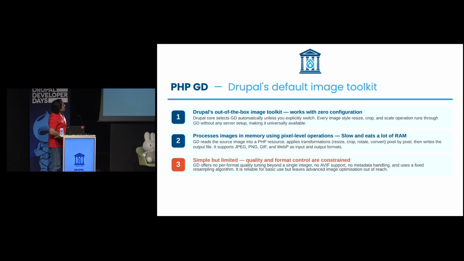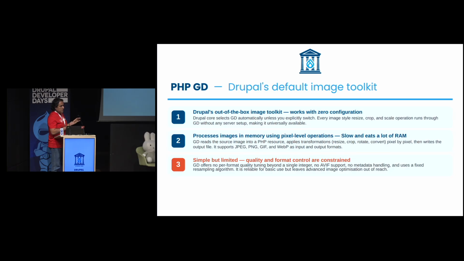So what's PHP GD? It's a default PHP library, and Drupal uses it by default to process images. It requires almost zero configuration. Though it's slow and takes a lot of memory to process images, it does an okay job.